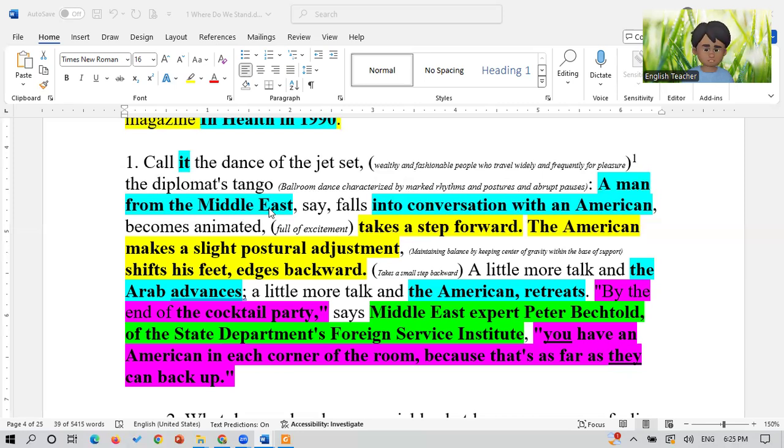Call it the dance of the jet set, the diplomat's tango. A man from the Middle East, say, falls into the conversation with an American, becomes animated, takes a step forward. The American makes a slight postural adjustment, shifts his feet, edges backward.